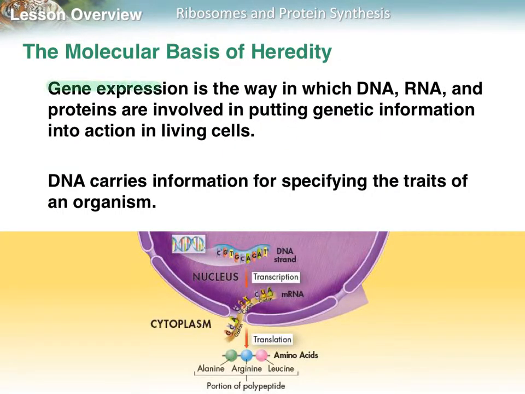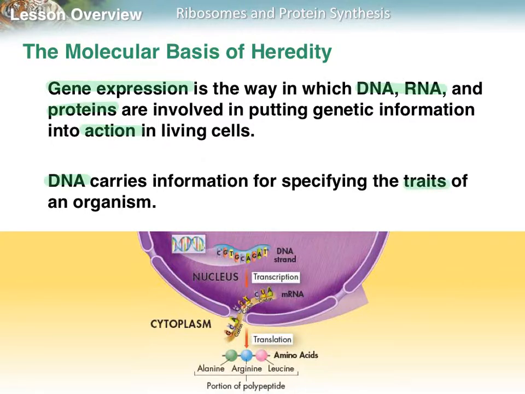The term gene expression refers to the way that DNA, RNA, and proteins act together to put genetic information into action in living cells. This is the way that DNA carries the information that specifies the traits of an organism.